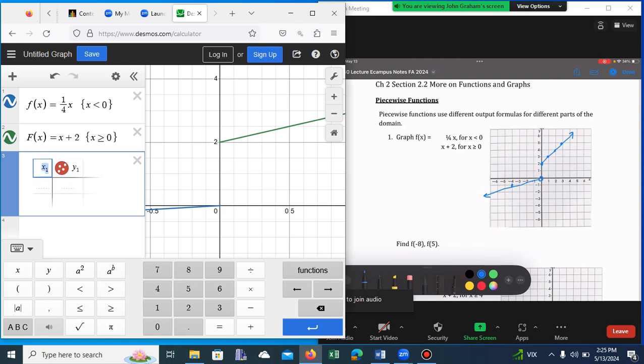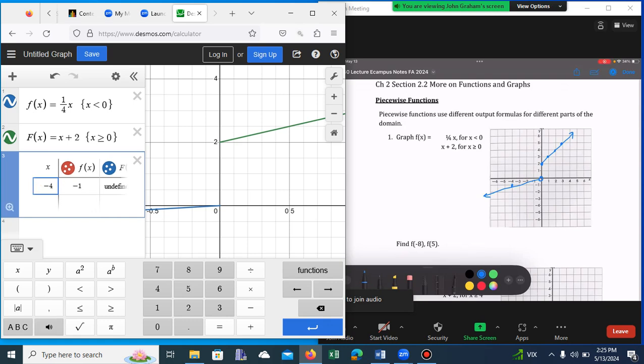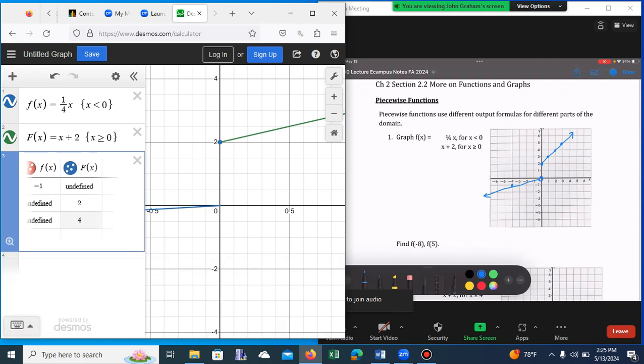If you make this x, f of x, and in the column, capital F of x. Pick a negative value, -4, let's say. You get an answer for f of x, but you don't get an answer for capital F of x. If we do 0, notice again, you only get it for the capital F of x. If we do 2, again, only for the capital F of x.